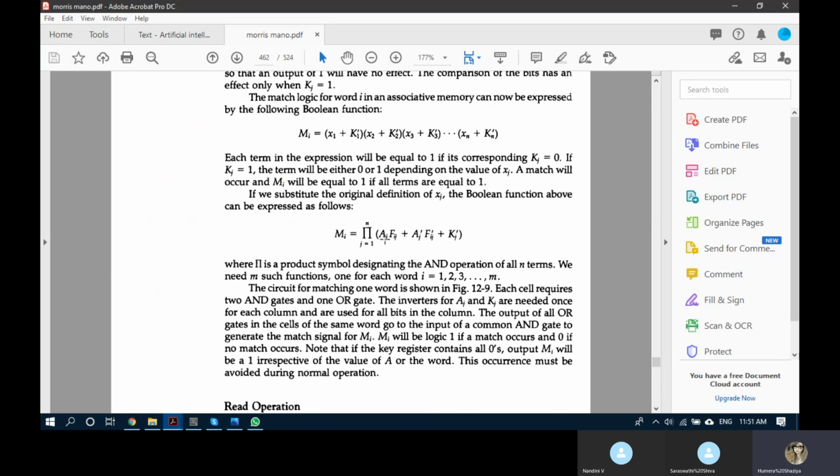When both are 1 1, you get 1. When both are 0 0 also you get 1. Or when kj is equal to 0, you are negating it and you are getting 1 here. So this mi is nothing but the product of all this.